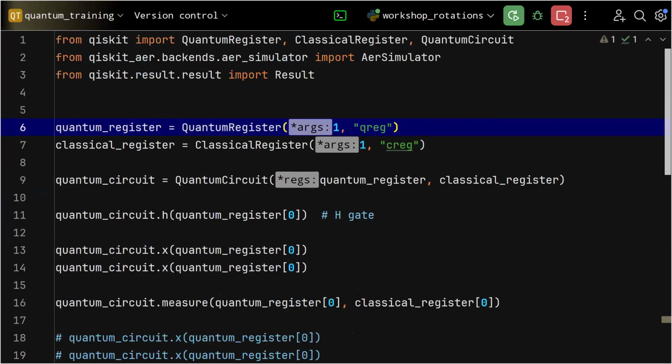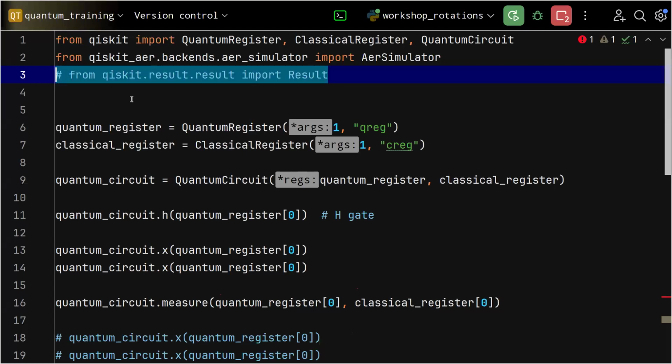What I do here, I have three different imports. These are basic imports. The from Qiskit result import Result can be completely skipped. This is just for me personally, to type hint in Python and to get auto completion.